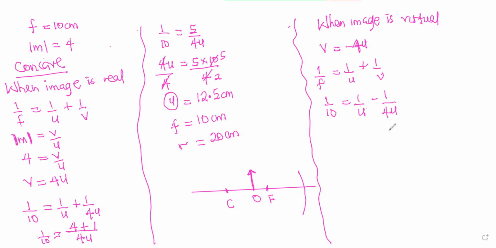4U. This time LCM 4U. This will go into it 4 minus 1.